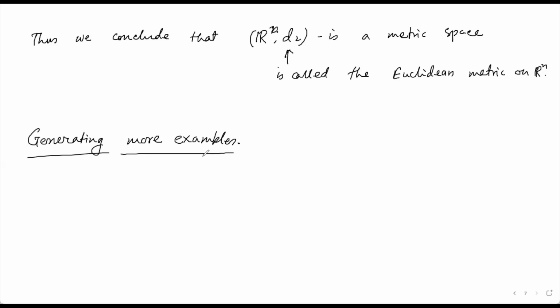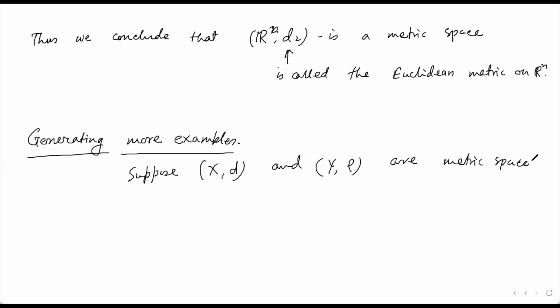Suppose (X, d) and (Y, rho) are metric spaces, and X cross Y is the Cartesian product of X and Y. So this is equal to the set of (x, y) such that x belongs to X and little y belongs to capital Y. So this is the Cartesian product of X and Y.